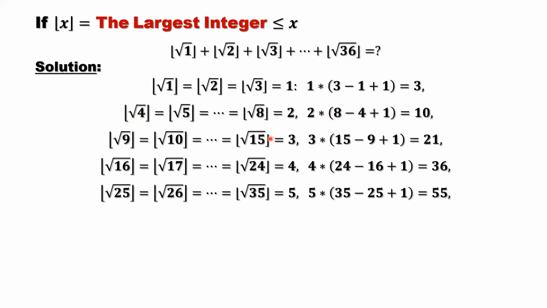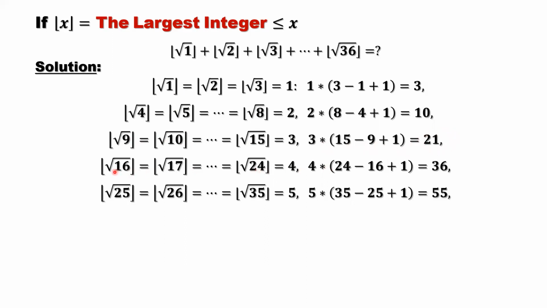Similarly, from here to here, square root of 9, that's 3. So each item equals 3. So 3 times how many? That's 15 minus 9 plus 1. That's 7. 3 times 7, that's 21.